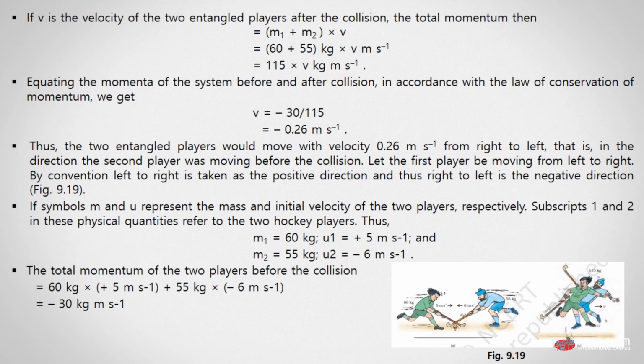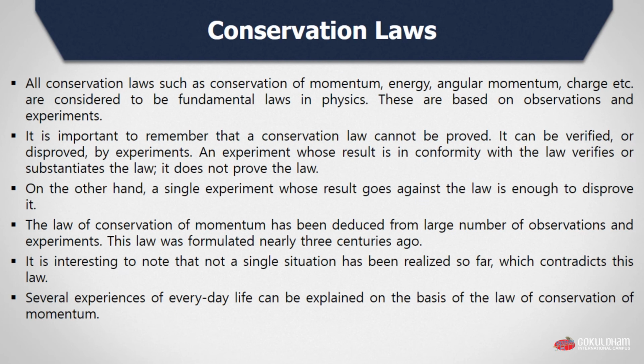The total momentum of the two players before the collision will be 60 kg multiplied by 5 meter per second plus 55 kg multiplied by minus 6 meter per second, which gives us the answer as minus 30 kilogram meter per second.